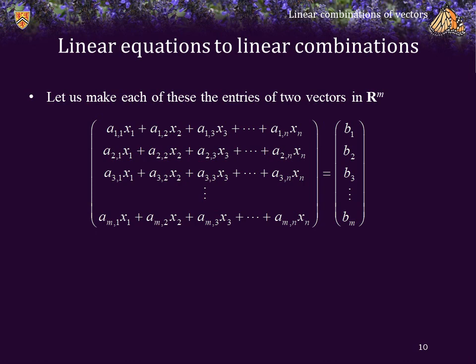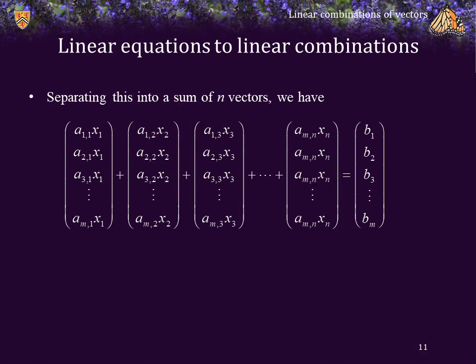Next, if you take a look at the vector on the left, we could split this up into a sum of vectors. So that is what we do here. We have now split the left-hand vector into a sum of n vectors. Now, looking at the first vector, you will notice that each entry of that vector is multiplied by x1.